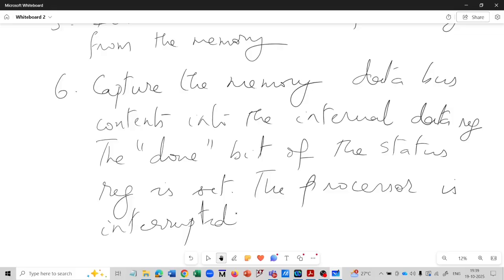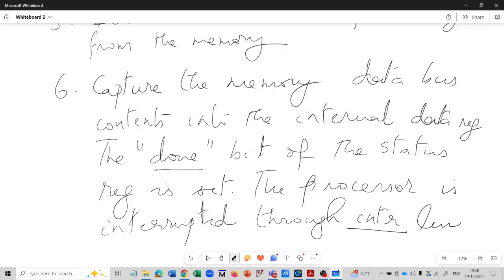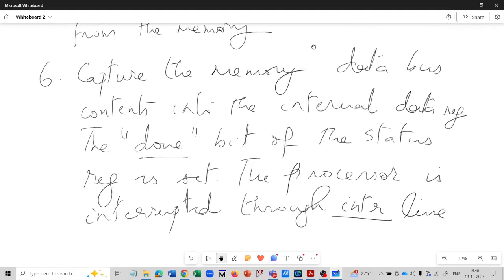So on successful completion of the transaction, the completion is indicated by setting of the done bit, and in addition to the setting of the done bit, the processor is also notified through the interrupt line. Now, of course, the rest of the actions are dependent upon the processor.